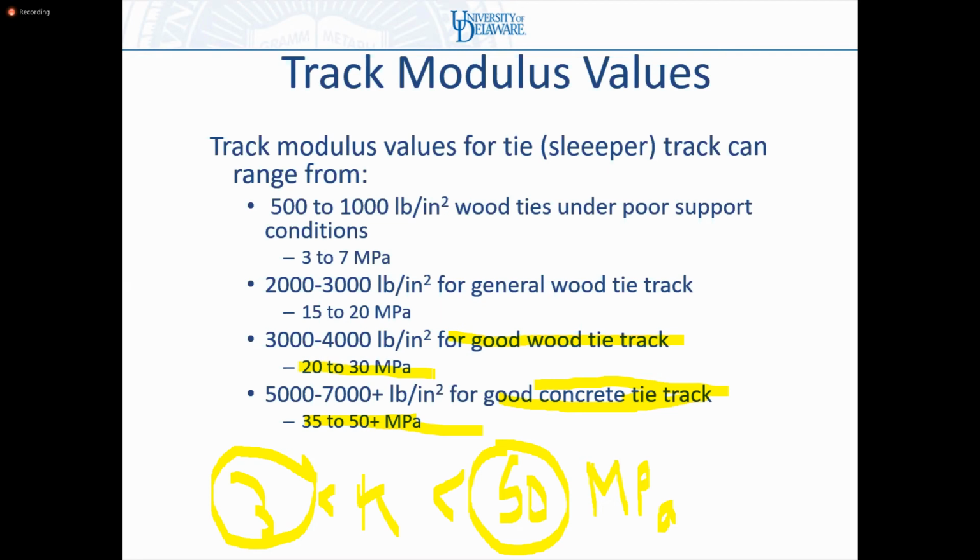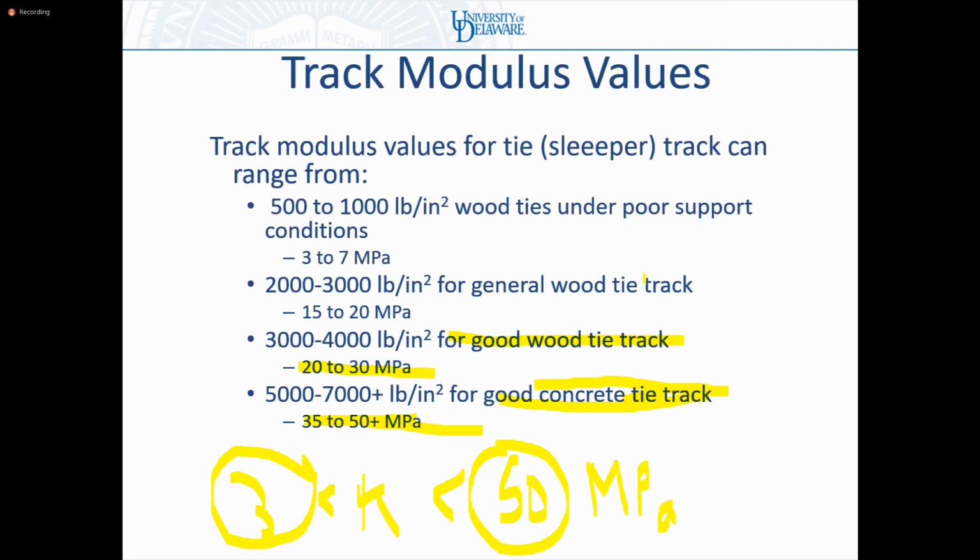Why does good wood equate to not so good concrete track? Because concrete sleepers, and we talked about this I think in our earlier class, are about 3 to 4 times the weight, depending on where in the world you are. I think in Israel it's probably 3 times the weight of a wooden sleeper track. So it pre-compresses the ballast, and so it makes the track stiffer.